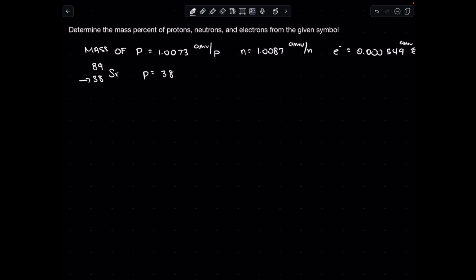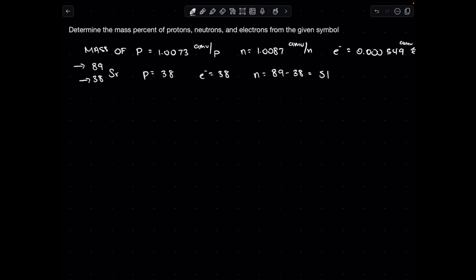Because this doesn't have a charge associated with it, we're going to know that our electrons are also going to be equal to our protons, which is 38. Now for our neutrons, we know this comes from this upper number, this 89, but we need to subtract our number of protons. So 89 minus 38 is going to be equal to 51. So we have 51 neutrons.